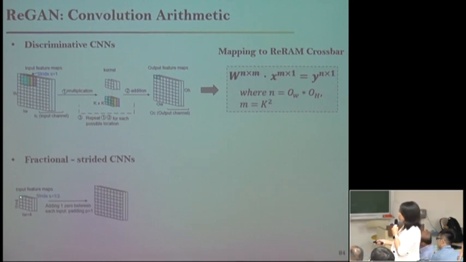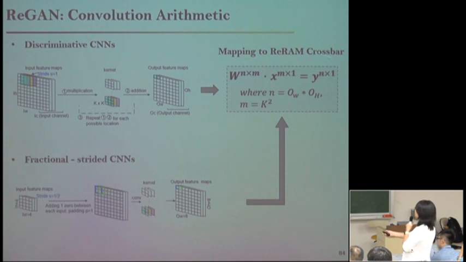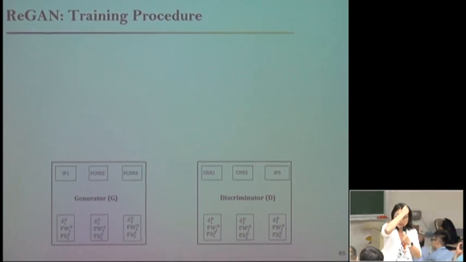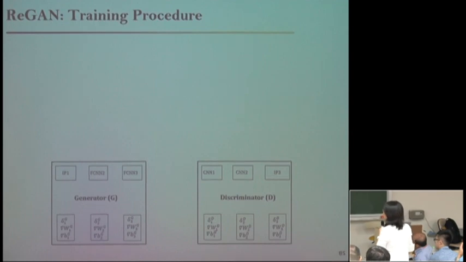For fractional structured CNNs, we can first add zeros between each input and pad it to enlarge it, right? And then the entire operation becomes a convolution operation. So this can also be mapped to the RM crossbar arrays. Well, the training in GAN system is very interesting, and this is something I want to introduce today.